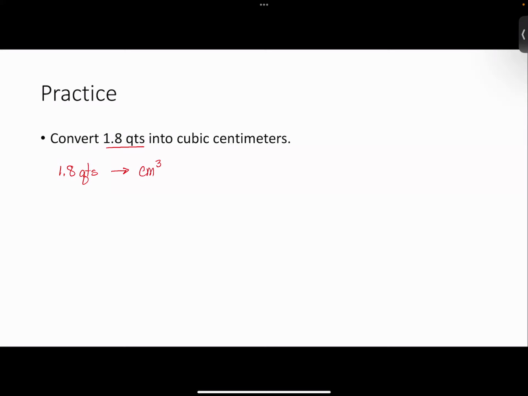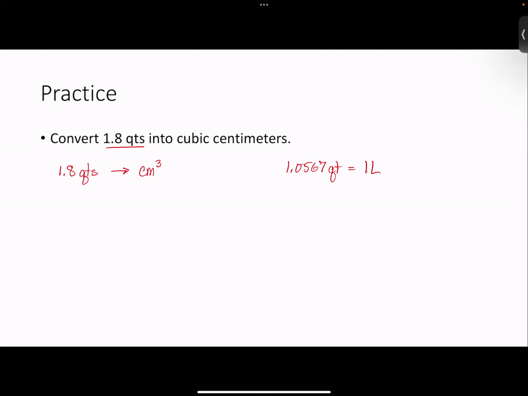So we start looking into our volumes and determine, okay, what could we use? Well, let's see. When I look at the conversion table, and you will receive a conversion table, one of the things I see is 1.0567 quarts is equal to 1 liter.